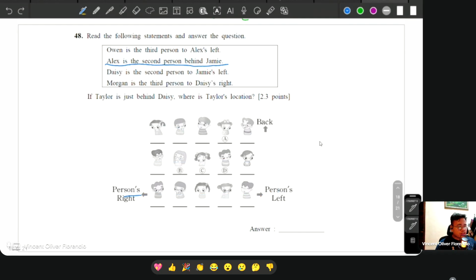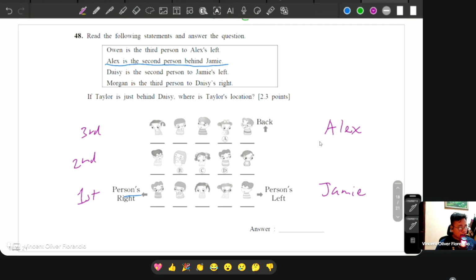So the only possible way to make that statement true is that Jamie should be at the first row, and then Alex is at the last row, the third row.